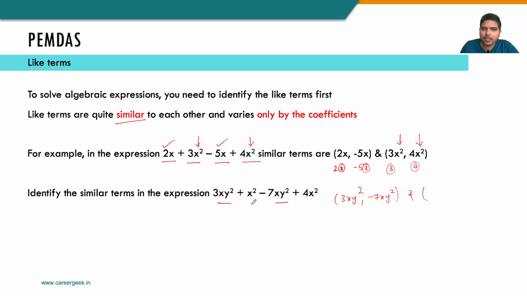And x square and 4x square, these two are similar terms. So in any algebraic expression, you identify similar terms first and then you can add or subtract, or you can take something as common or factorize. We'll see that in the next slides.